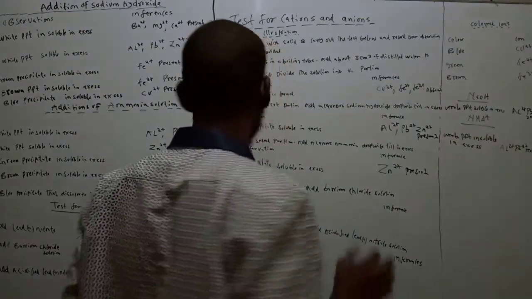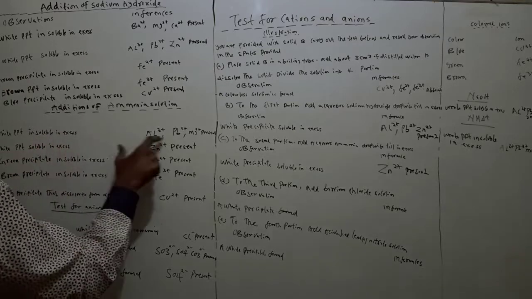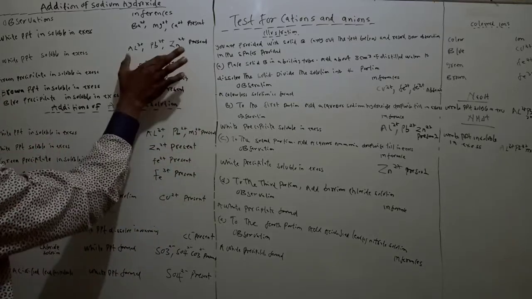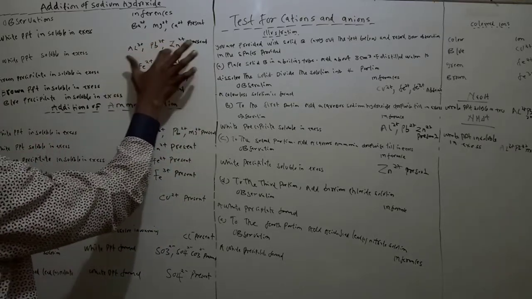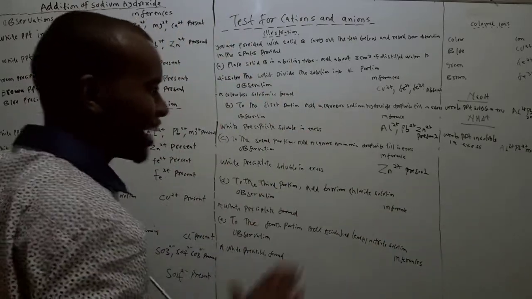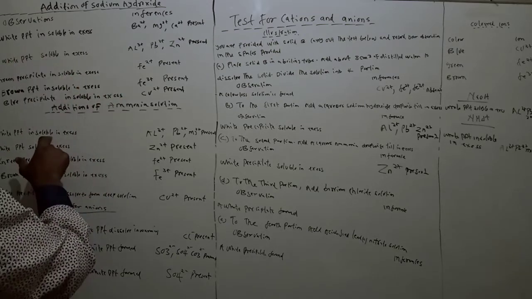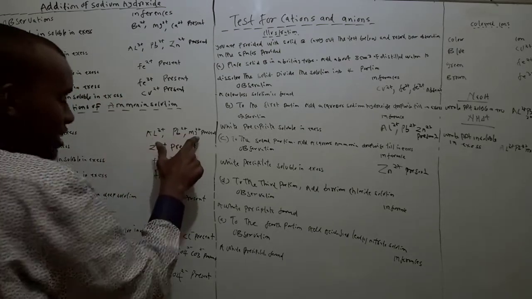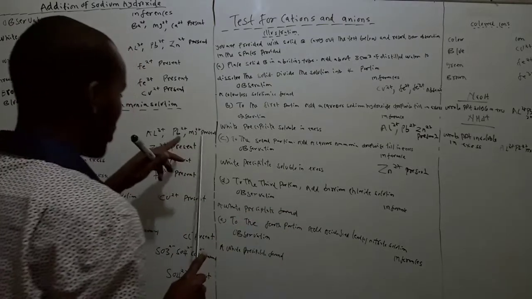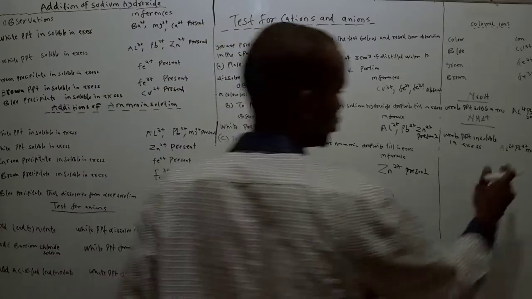Whichever the case, even if it is insoluble in excess, we have already identified these 3 cations: aluminium, lead, and zinc present. We are not supposed to introduce any other cations. For this case, when it is ammonia and it is insoluble, we have aluminium, lead, and magnesium. We can't use magnesium because it was not present in the first case. Now we are going to remove magnesium.